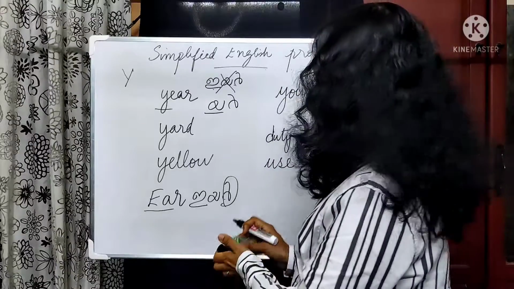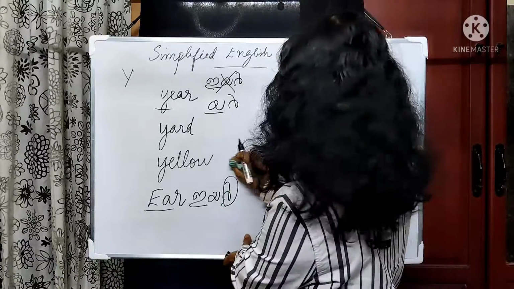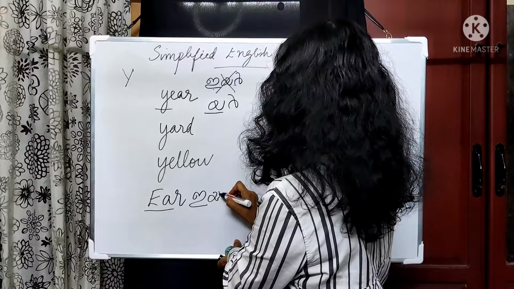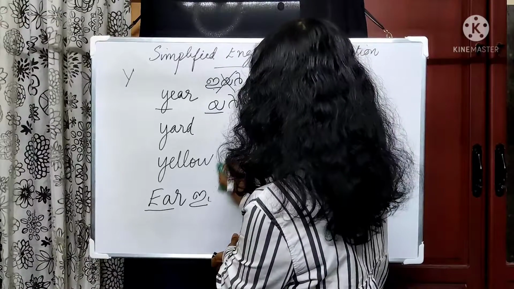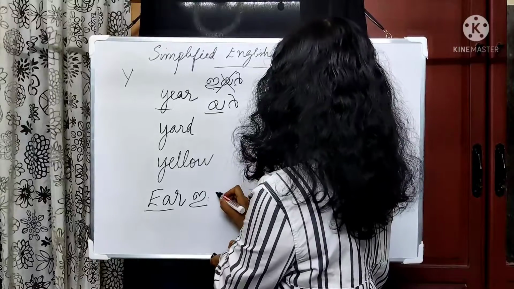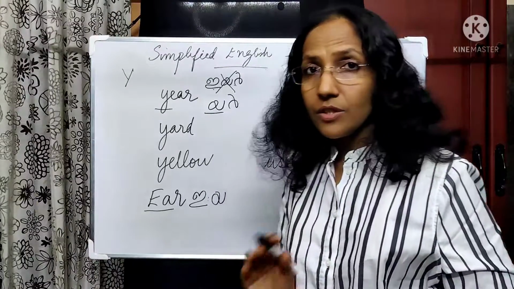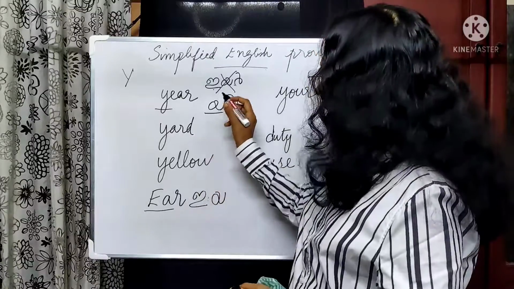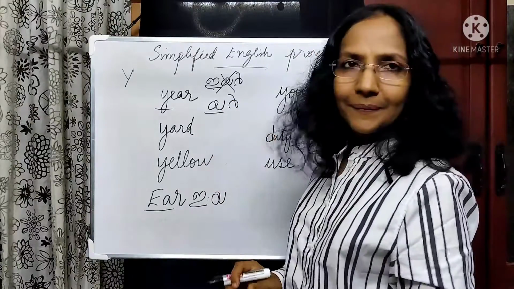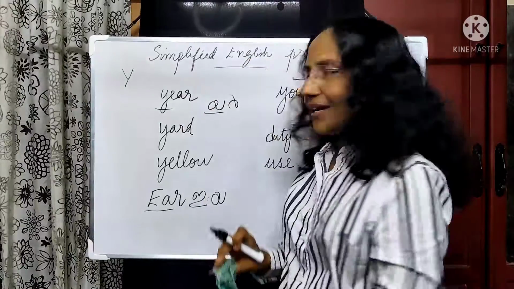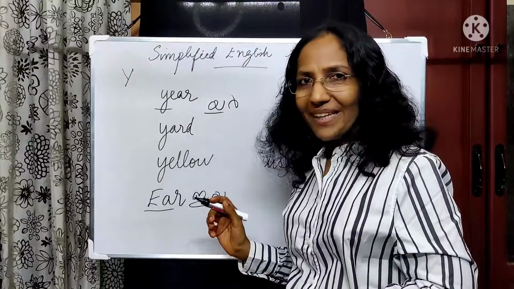So the exact pronunciation is this. Okay, that's it. But here, it is year. It is not this. Forget it. Please mind it.